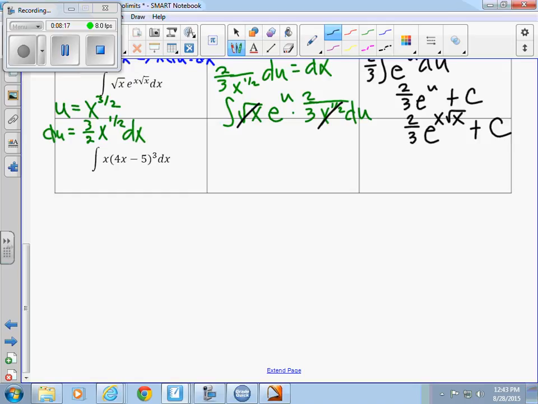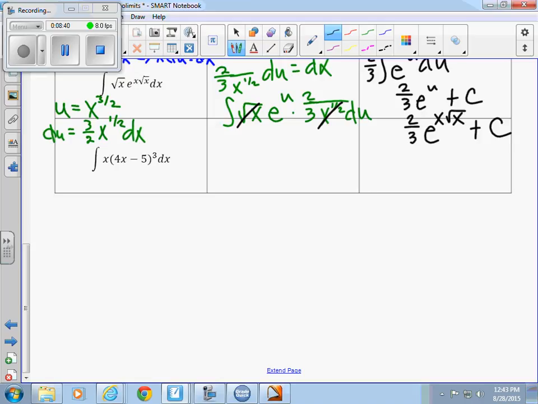The last one is the hardest substitution problem that exists. If you were in a normal AB class, I would tell you u substitution is our only option. Later you will find some other options, but at this point u substitution is all we have.